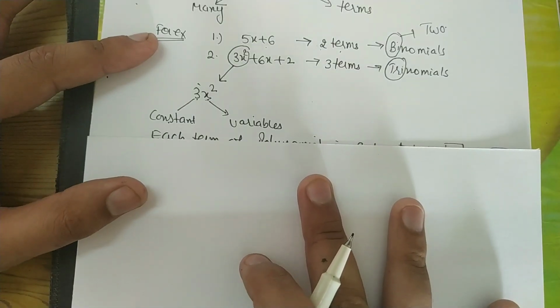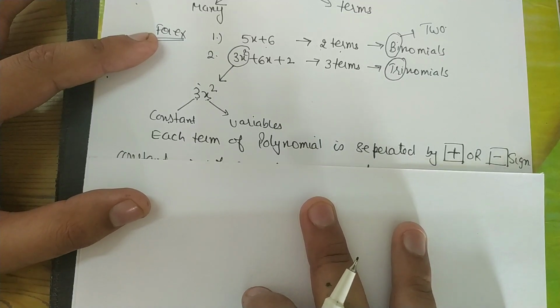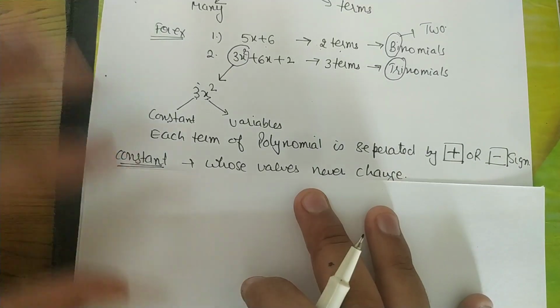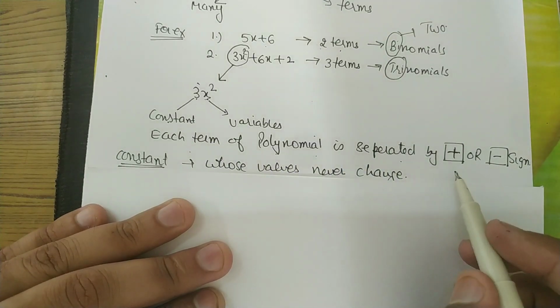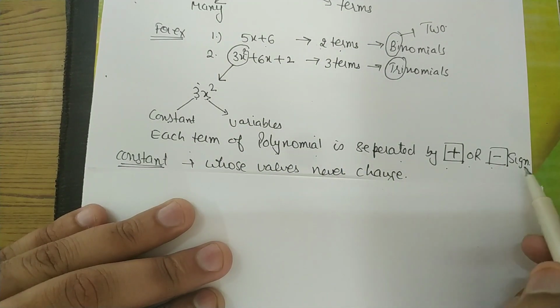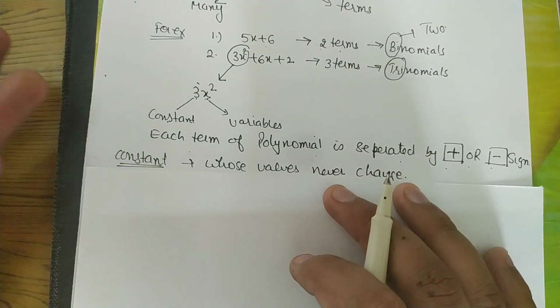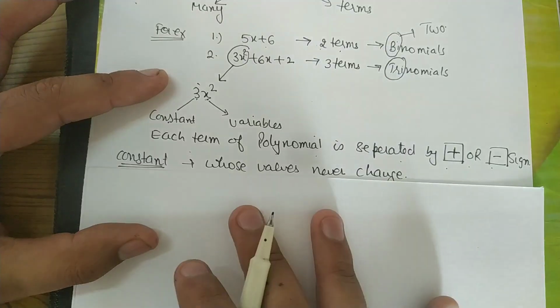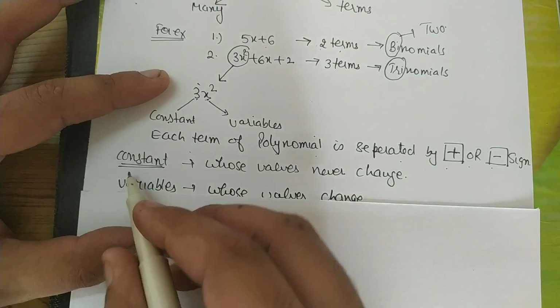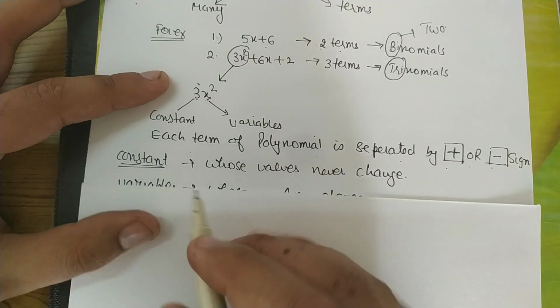Now, so listen, what is the main thing for you? Each term of the polynomial is separated by plus or minus sign. Means every term consists of plus sign or minus sign, already told you. And now the question arises, what are the constants, what are the variables?